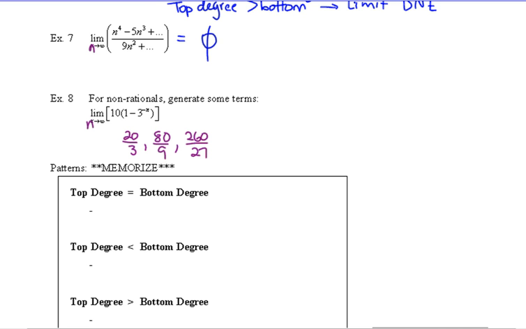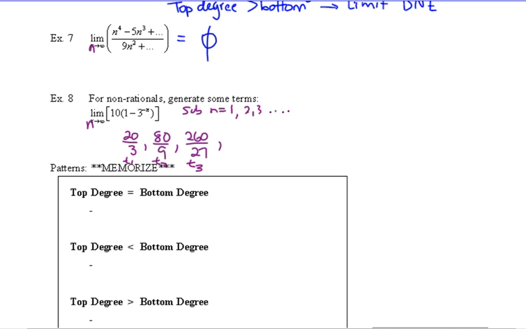So we're just plugging in n equals 1, n equals 2, n equals 3, just generating some actual terms. So this would be term 1, term 2, term 3. Looking at this, do you notice a pattern? What would be the next one?